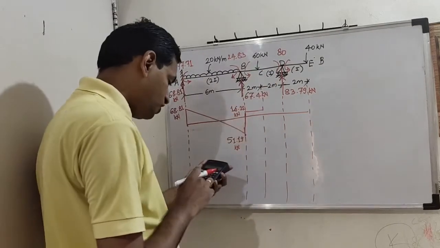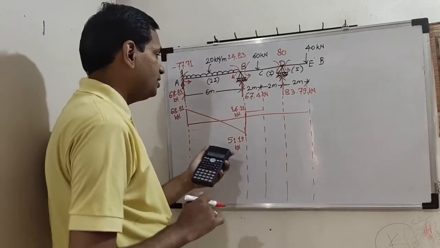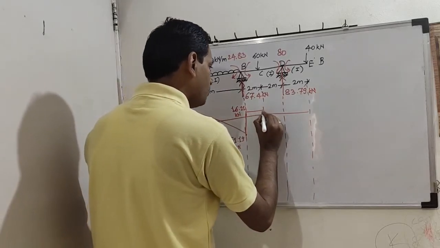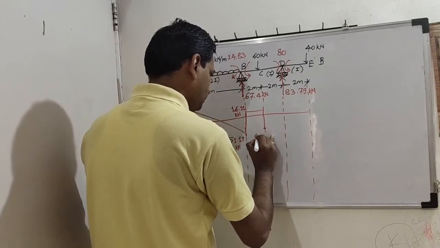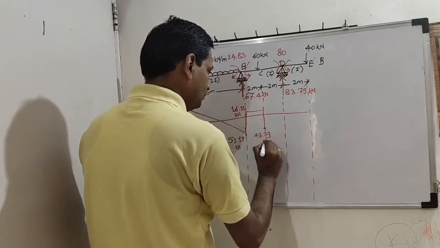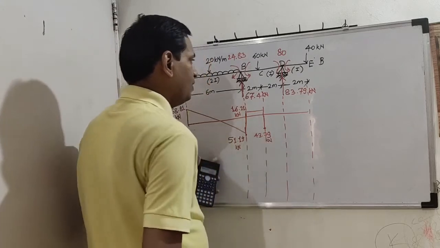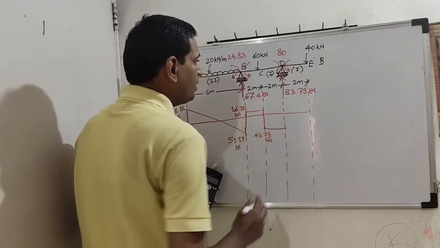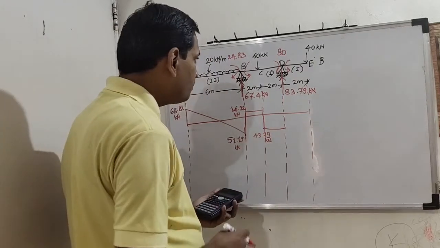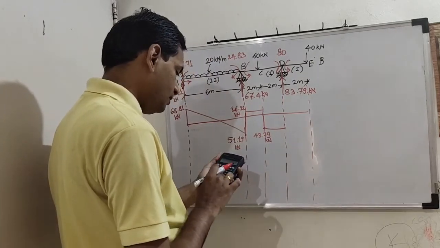So plus 16.21 minus 60. So it will be 43.79 kilonewton. So it will be same again up to support D. So minus 43.79 plus 80.